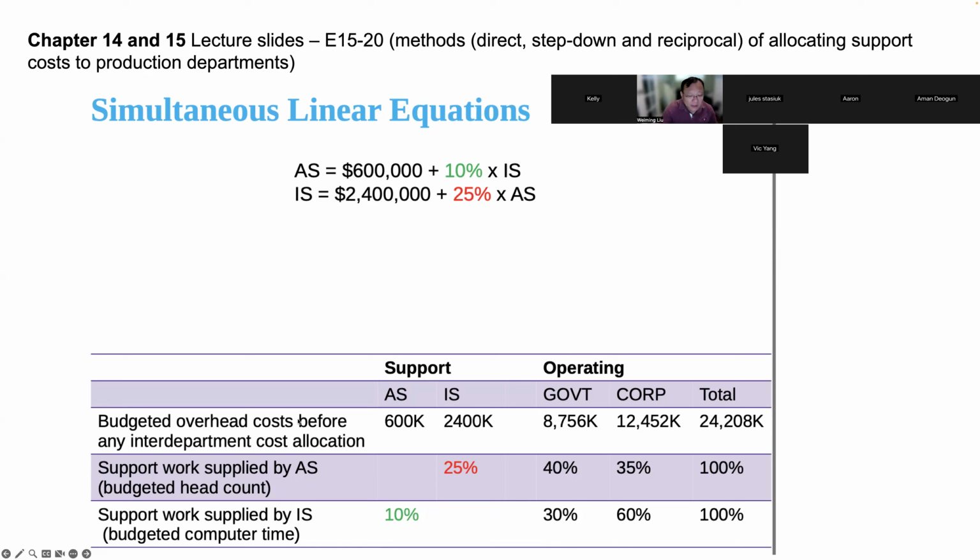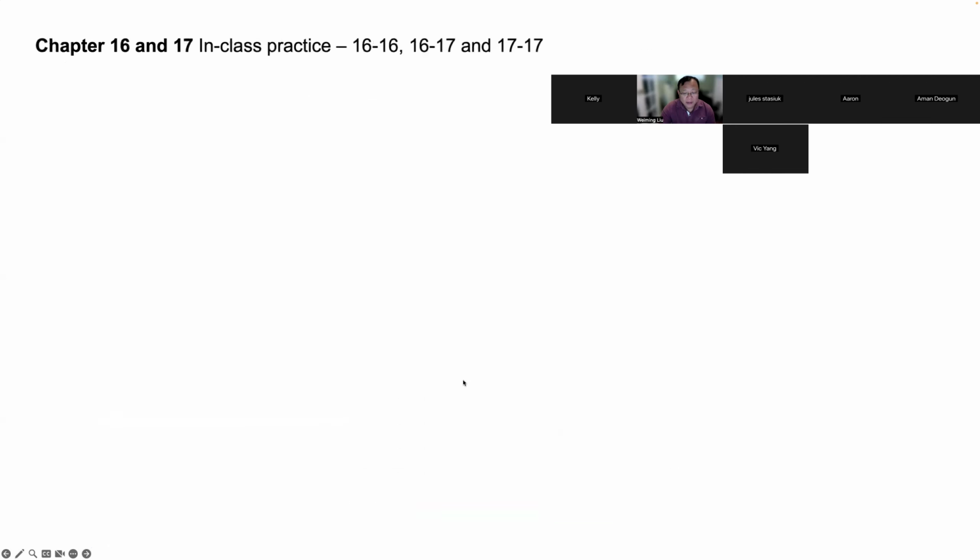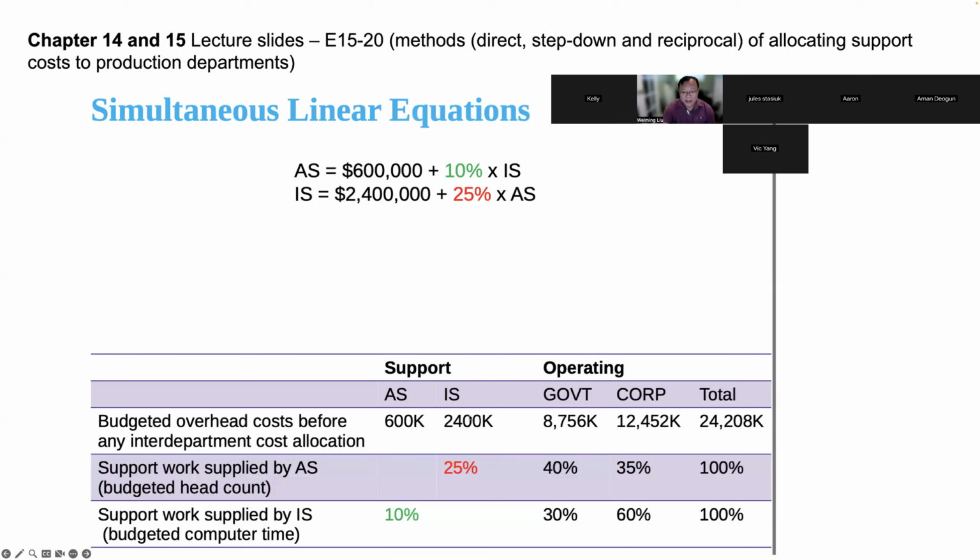Okay, this is the cost before any inter-department cost allocation, right? So you haven't considered that inter-department cost allocation. This is just the cost. Plus 25% of AS.